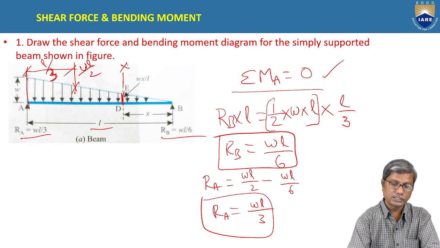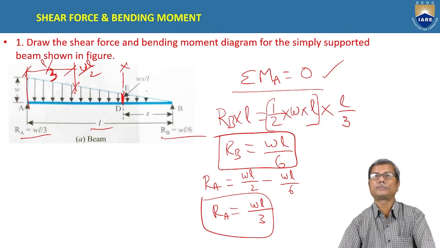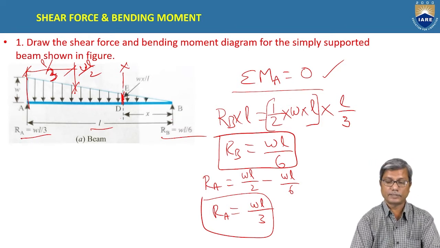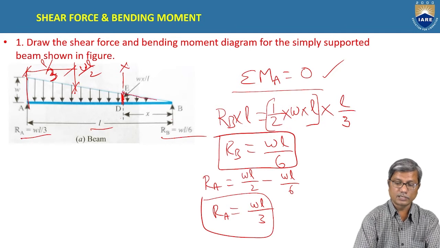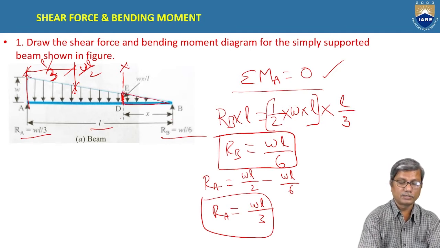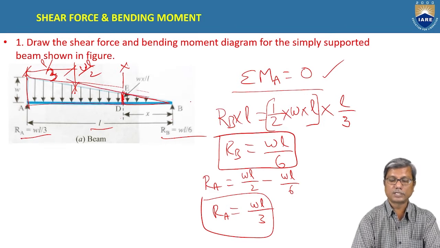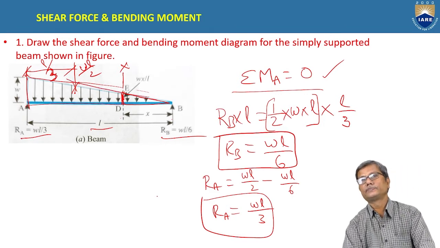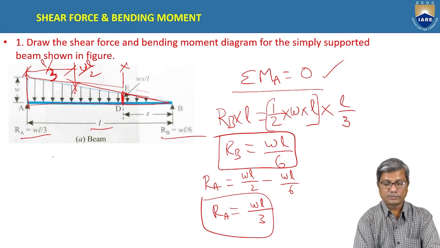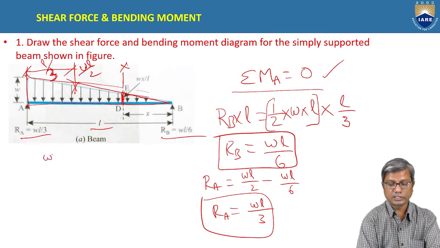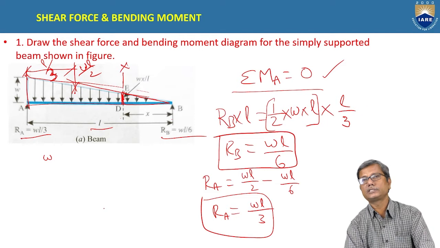The intensity at a distance x is obtained by using the property of similar triangles. This is one triangle and this one is another triangle, which are similar. The property of similar triangles is that the ratio of corresponding sides is equal.